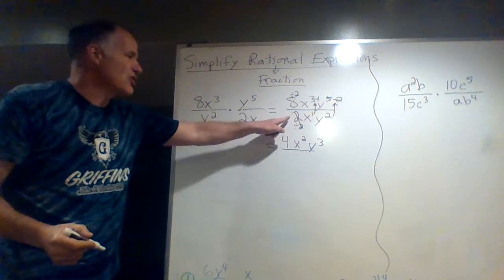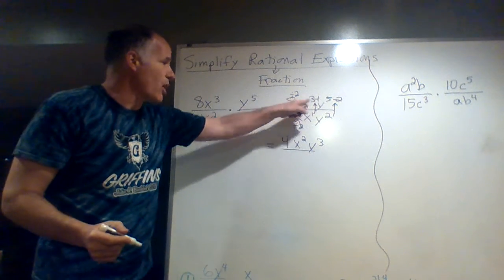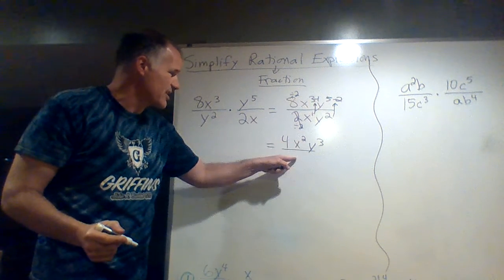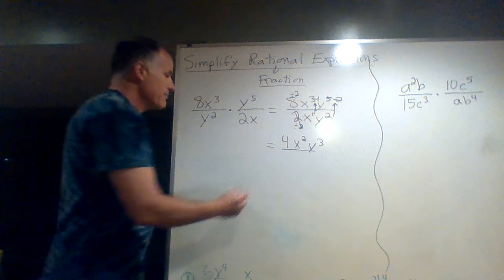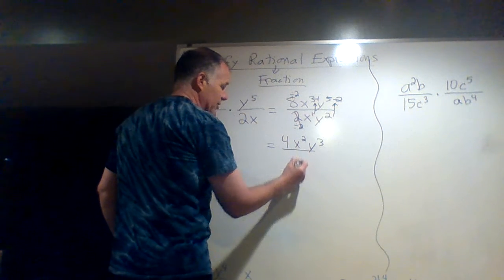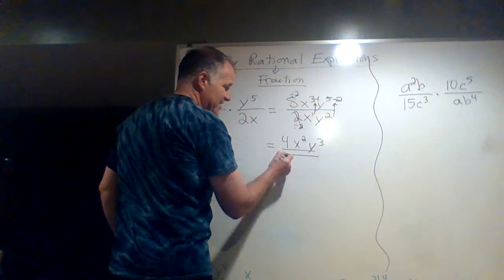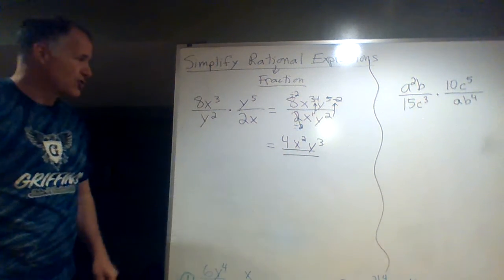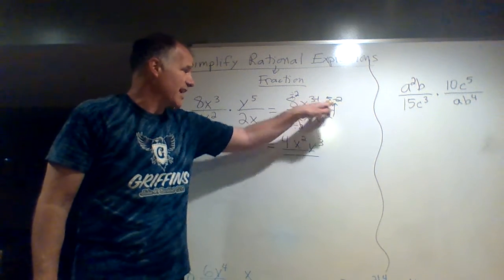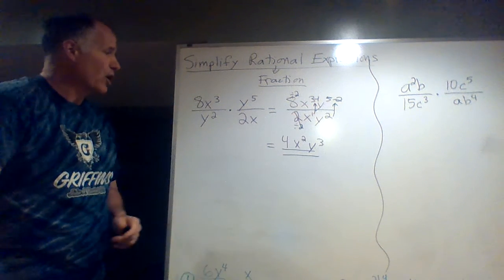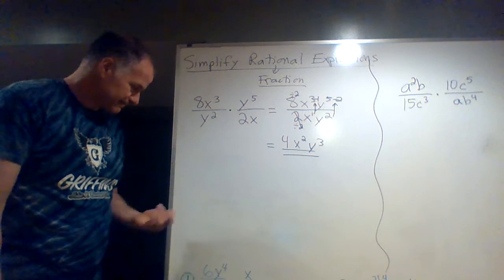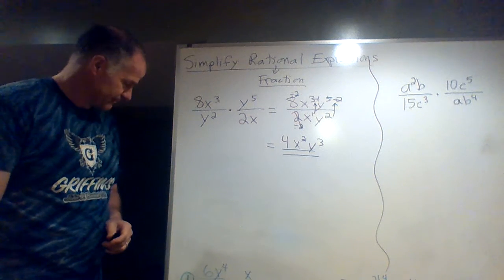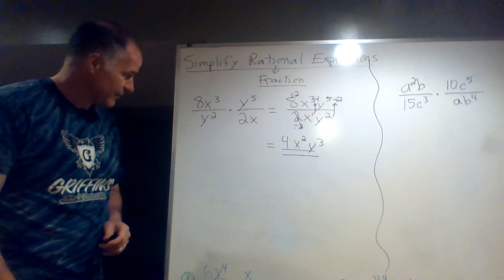If the 2 divided by 2 was a 1 in the numerator and all this stuff was in the denominator, I'd need that 1 in the numerator. But I don't really need a 1 in the denominator. So this is the answer. There's no denominator at all because all the denominator parts went up and canceled. So 4x2y3 is the answer.